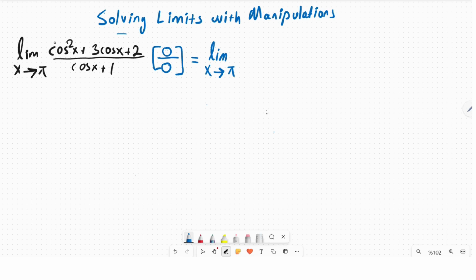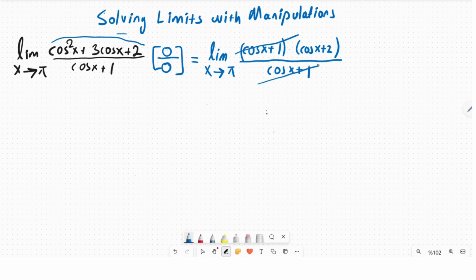So first of all, we try to factorize this expression. Let me do it here. Cosine x plus 1 times cosine x plus 2 are factors of the numerator. And consider this term. As you see, we can simplify these factors.